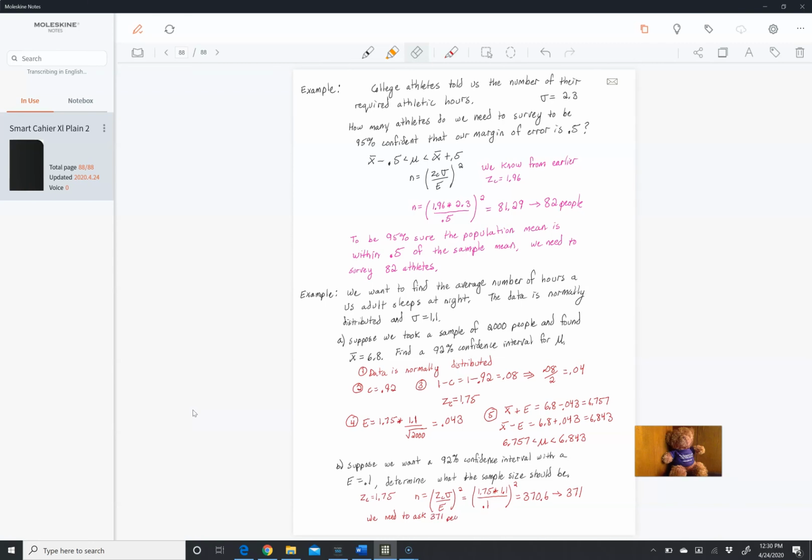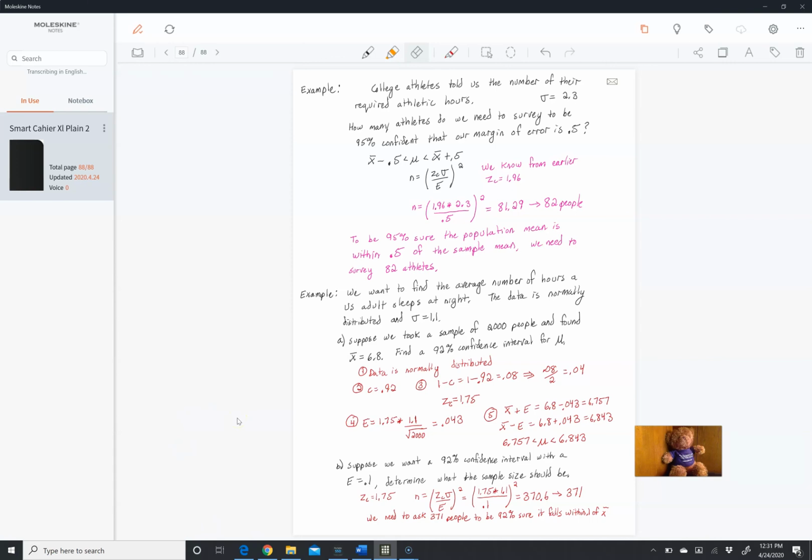So we need to ask 371 people to be 92% sure that it falls within a range of 0.1 from the sample mean. Okay, that's what we're being told.